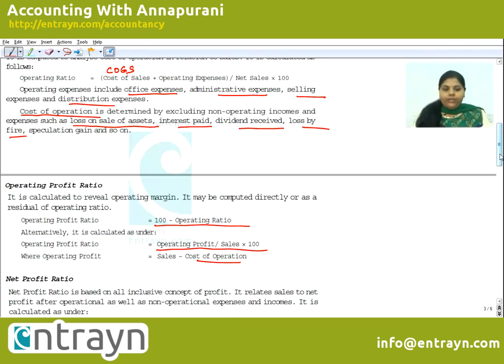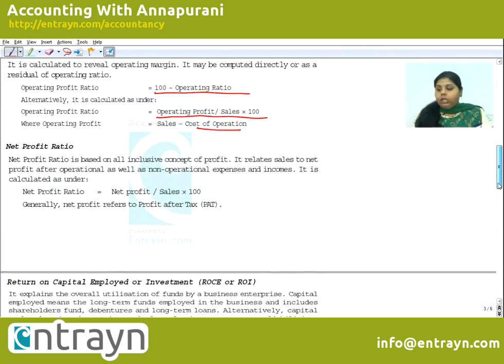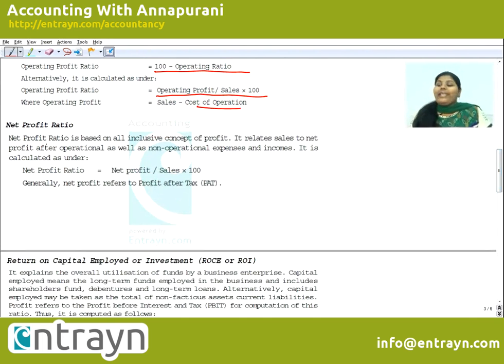Whichever is convenient, because we are doing ratios based on information available only. When we do the problems, you will understand which formula has to be used. Now moving on to the next, it is net profit ratio. Net profit is the figure that is found from the profit and loss account. So net profit ratio is nothing but net profit divided by sales into 100.